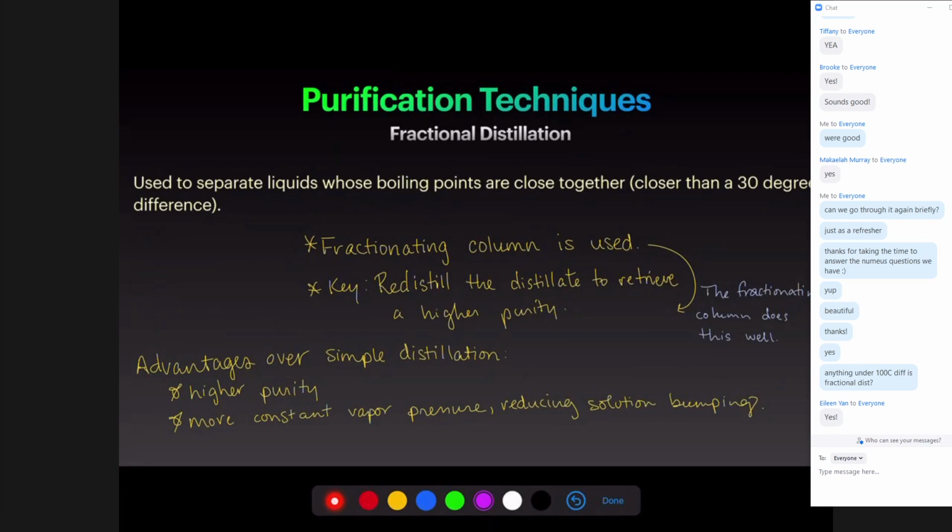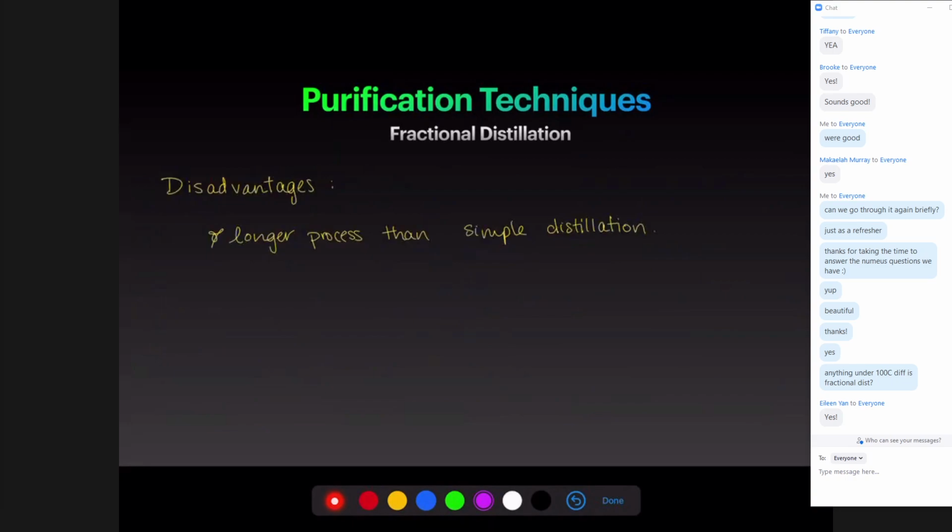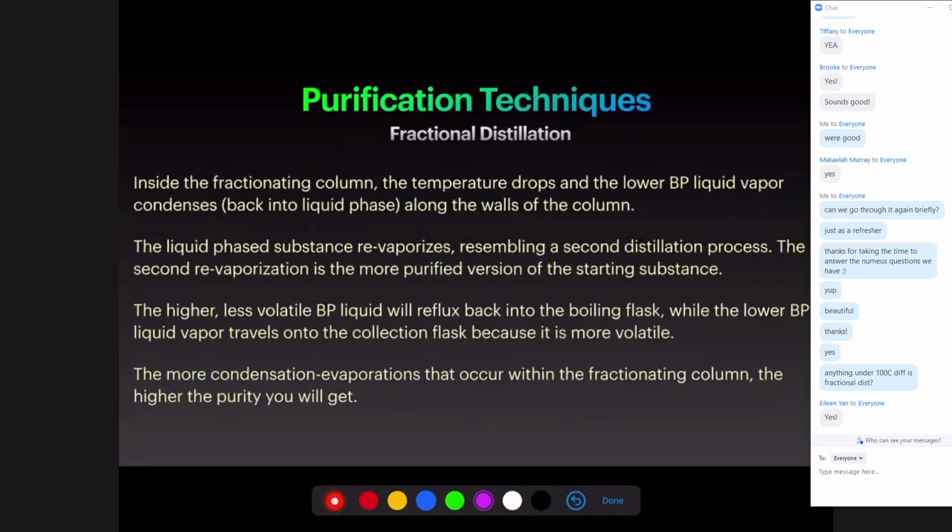So fractional distillation is a little better if you want a higher purity, and we'll go into that shortly. The disadvantage is that it's a longer process than simple distillation. The thing to keep in mind is simple distillation and fractional distillation are very similar in technique. Fractional distillation is just doing simple distillation over and over again for higher purity. And then there's going to be a graph that I'll show you for that.